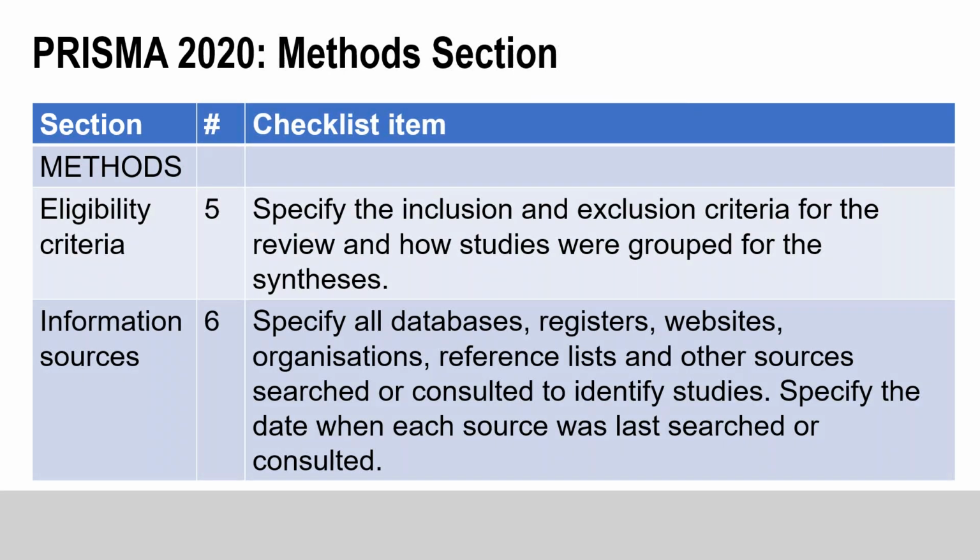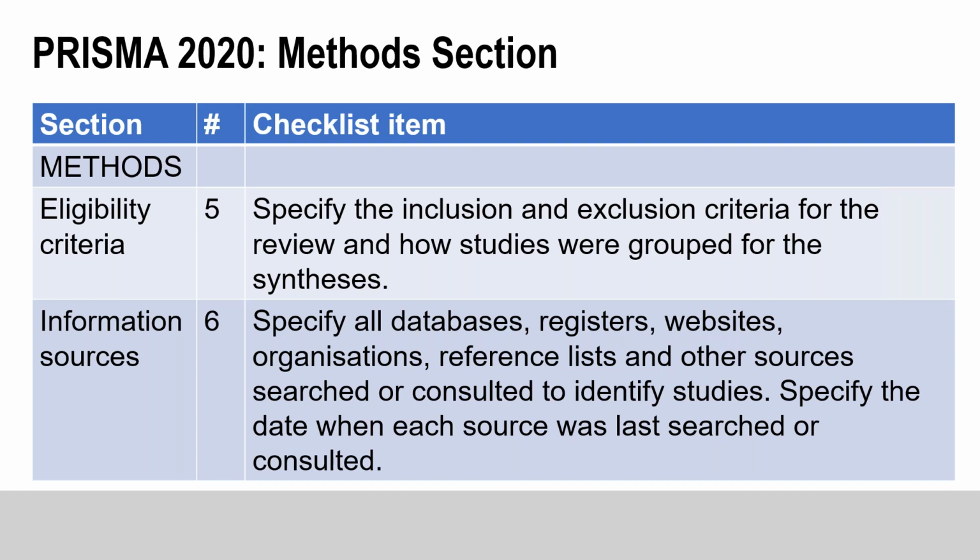Then the first items for the methods section, the eligibility criteria and information sources. Item 5 asks people to specify their inclusion and exclusion criteria for the review. And then a new element that we've recommended is to get people to also document how studies were going to be grouped for the syntheses that they'll end up considering later in the review.